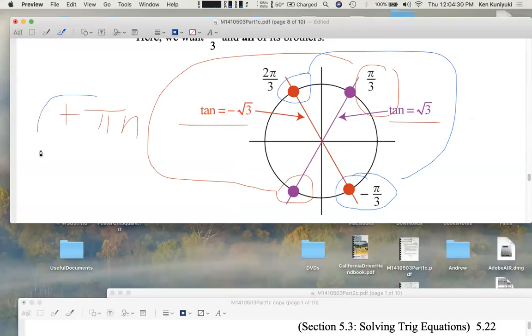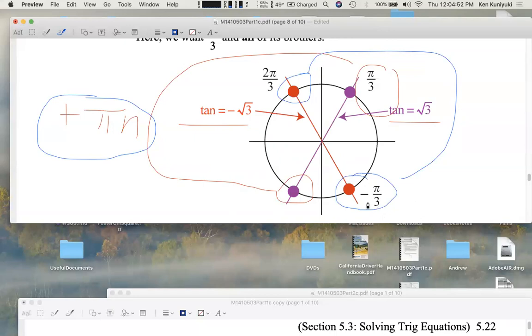Now, if you don't like using this type of periodicity, you could go straight to the coterminal twins. This guy plus 2 pi n, or this guy plus 2 pi n, or maybe 4 pi over 3 plus 2 pi n, or maybe this guy, or 5 pi over 3 plus 2 pi n, where n is integer.